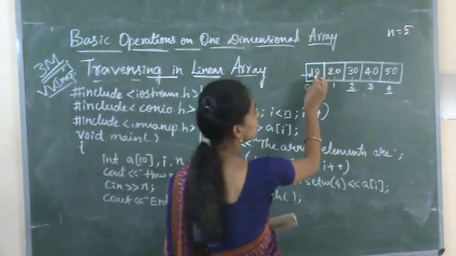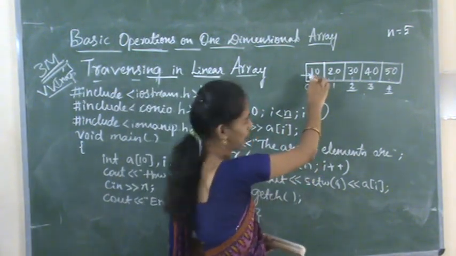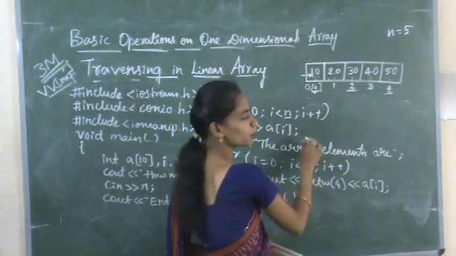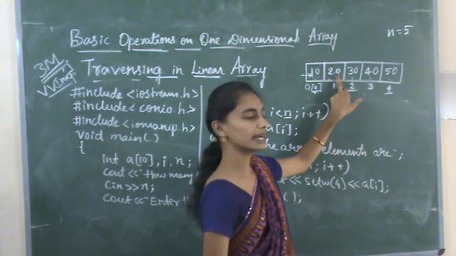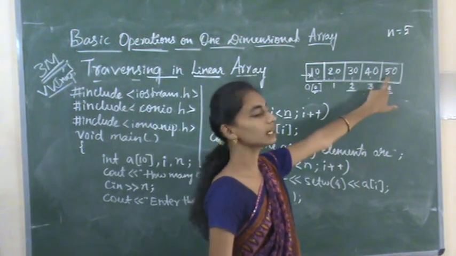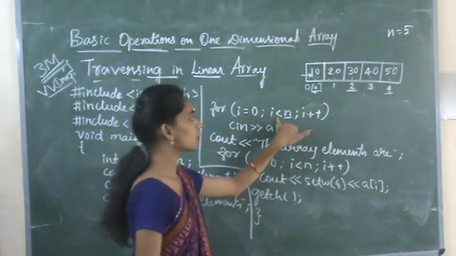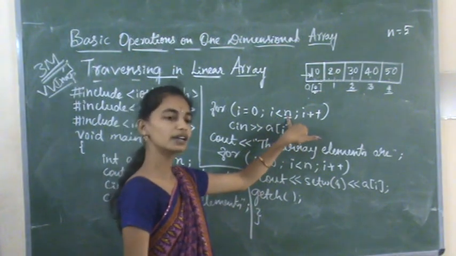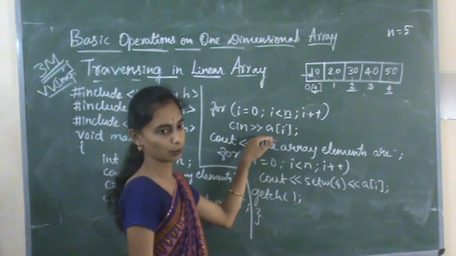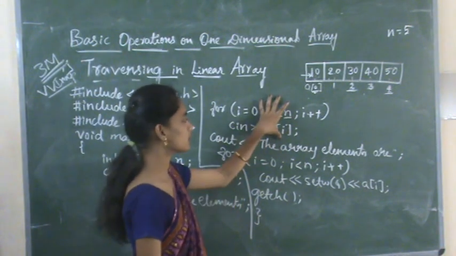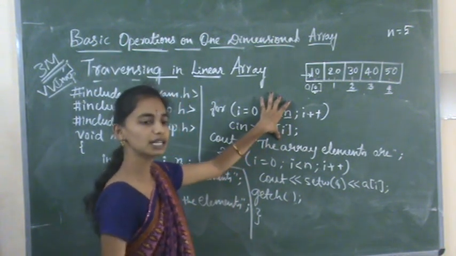In that I am inserting the element 10. After that the for loop executes and then we insert the elements 20, 30, 40 and 50. So when it comes to 5 less than 5, the for loop becomes false and we exit from this for loop, right?